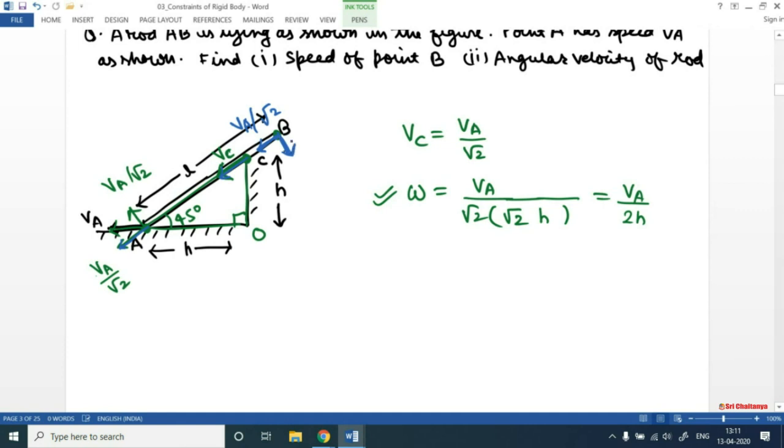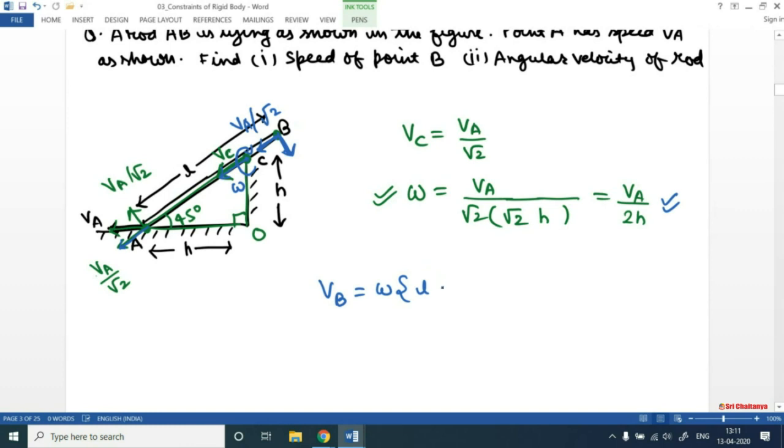Since we have already found the angular velocity about point C of this rod, which we found would be in clockwise direction, omega we have already found out. So velocity of point B, we can say, would be simply omega times this CB distance. The length of this whole rod is L, and the length of this part AC is nothing but root 2h.